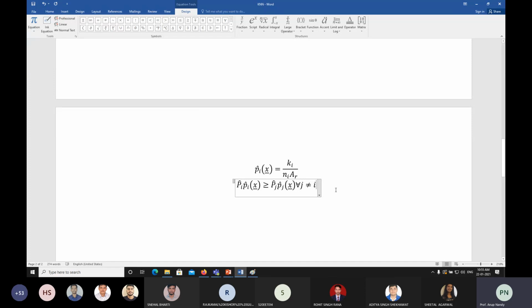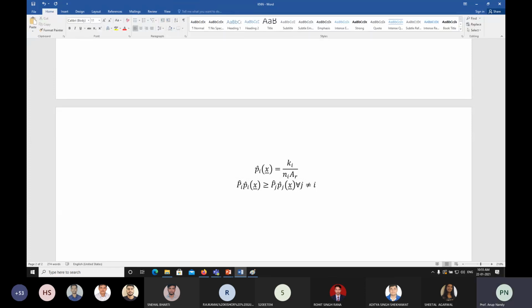So now what will be the value of capital Pi? Can anyone tell me? Ni by N. Very good. It is just the proportion of these values.